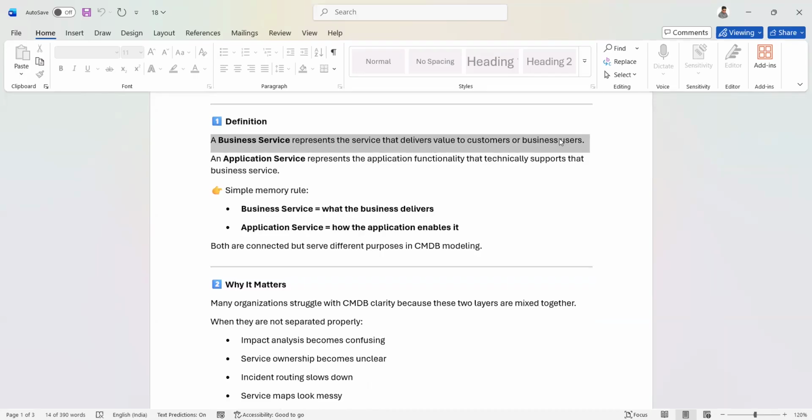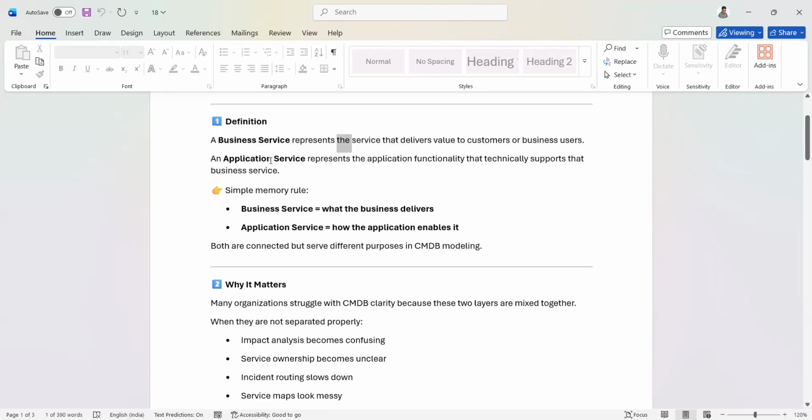For example, in the last video, we discussed email service, online banking, and online shopping. All these are examples of business service because these are at the top level and directly being used by customers. So this is what business service means.